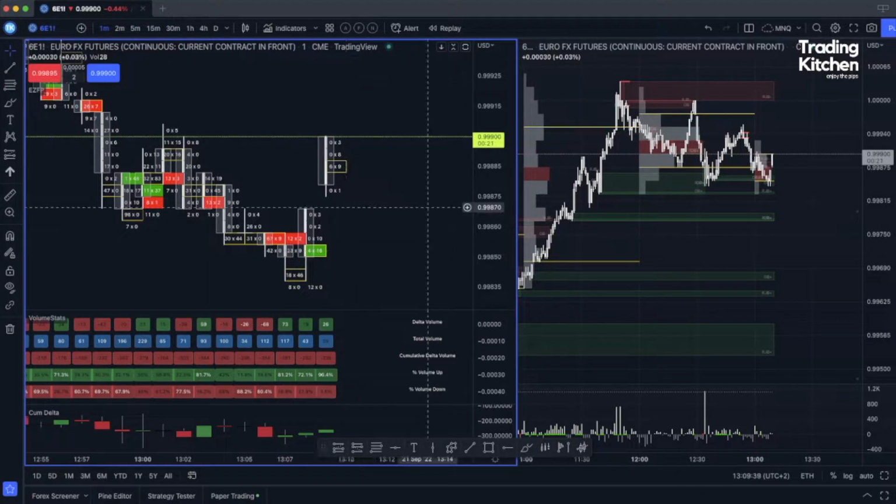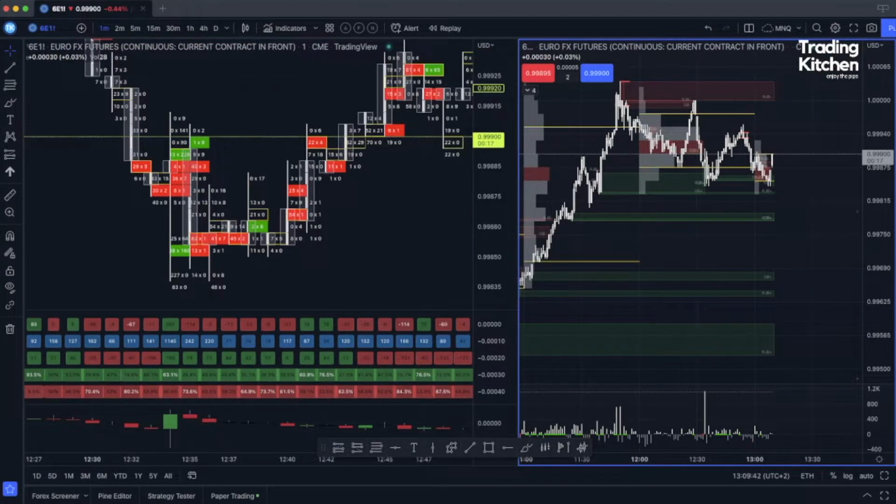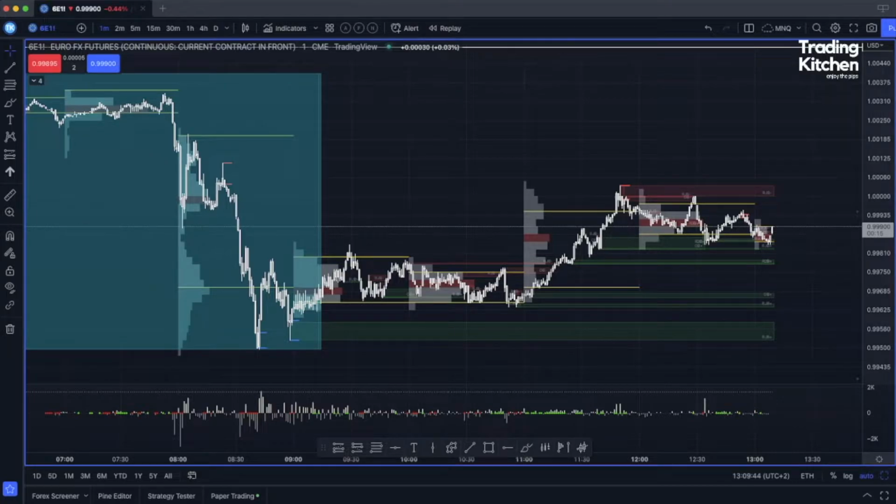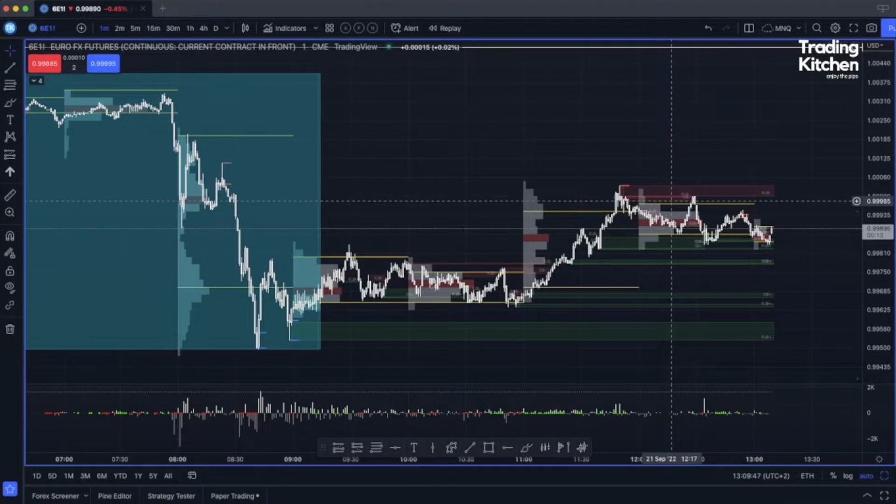But first of all, let me do a quick premise. I do not use footprint chart on TradingView. That's the reason why I told you that TradingView could be a semi-professional trading platform.